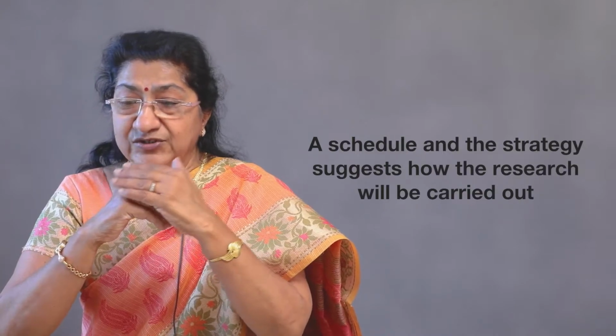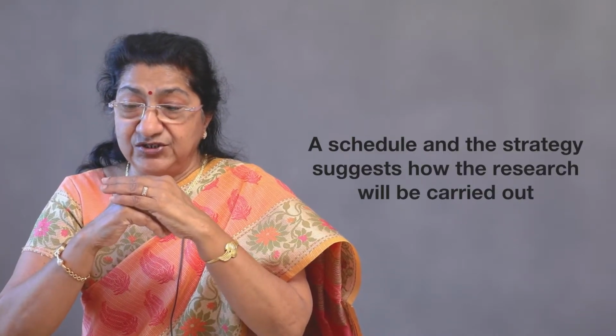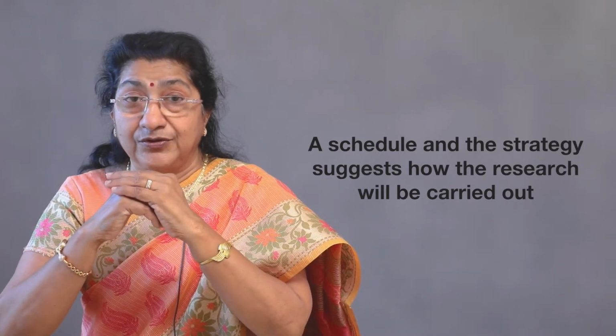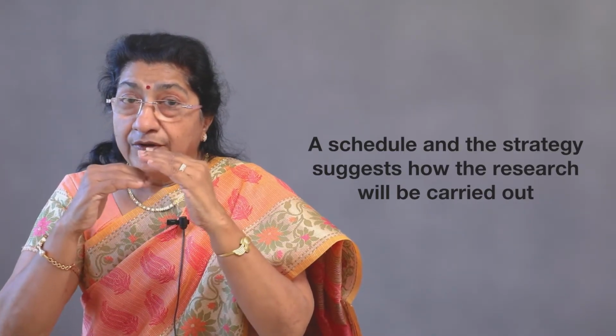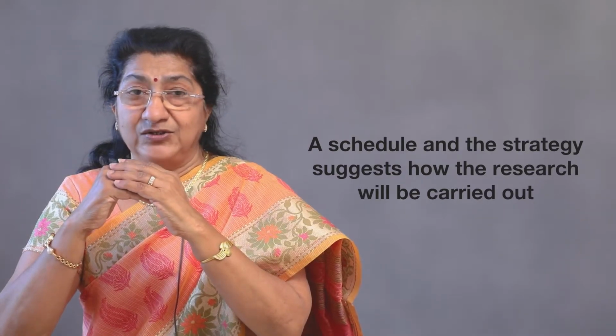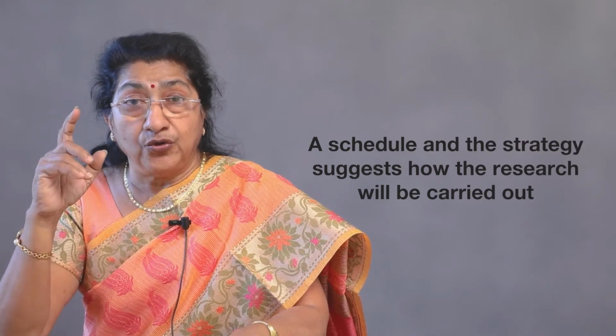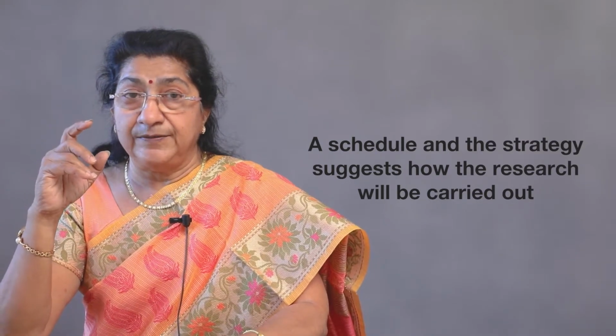And another element is, it is a schedule and strategy that suggests how the research will be carried out. So, all these elements you have to cover when you draw your research design.